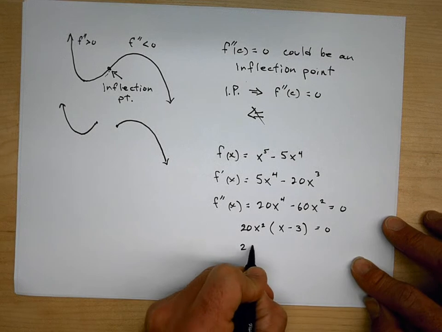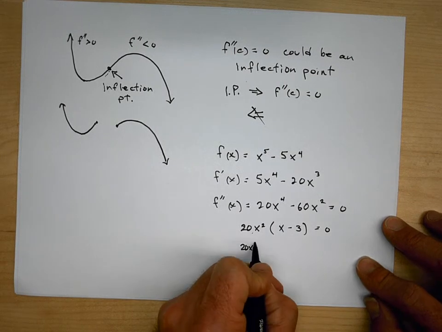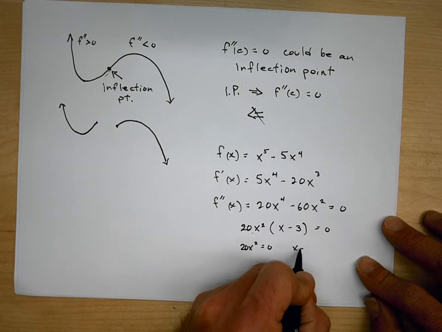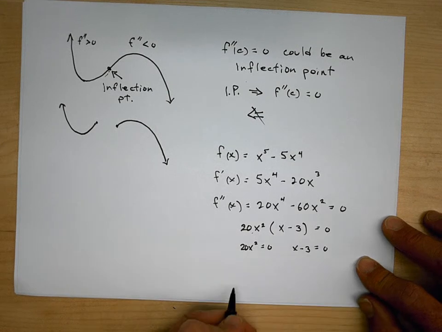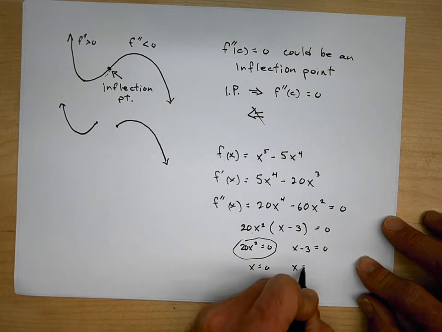The product of two things is 0, so either 20x squared equals 0 or x minus 3 equals 0. The only thing that makes the first true is x equals 0, and here I would have x equals 3.